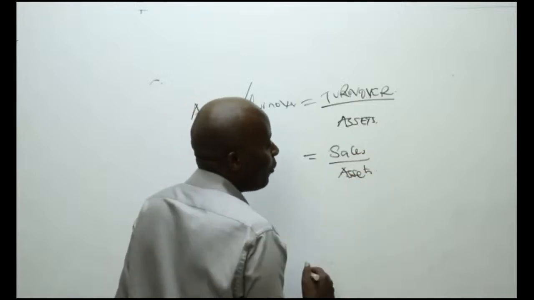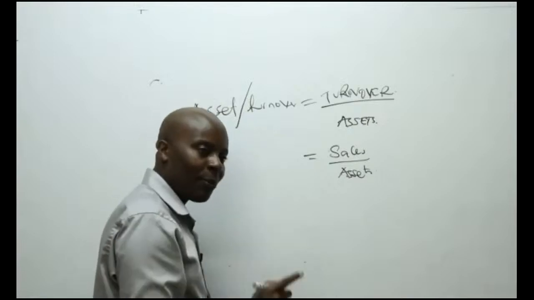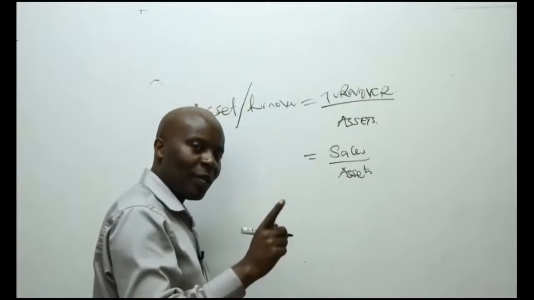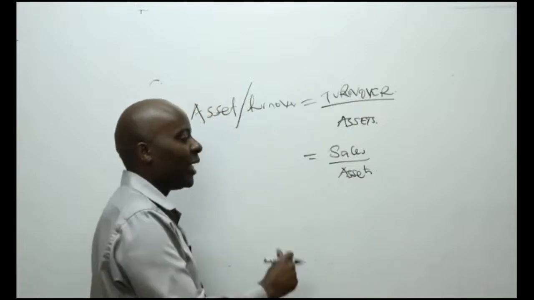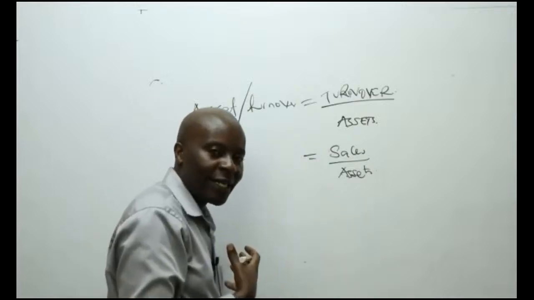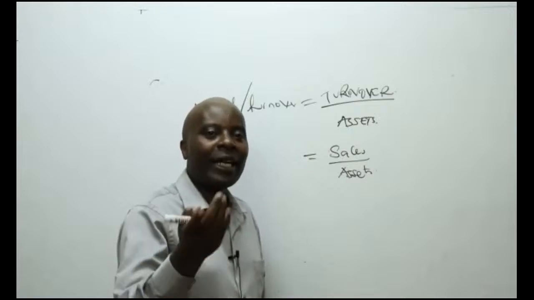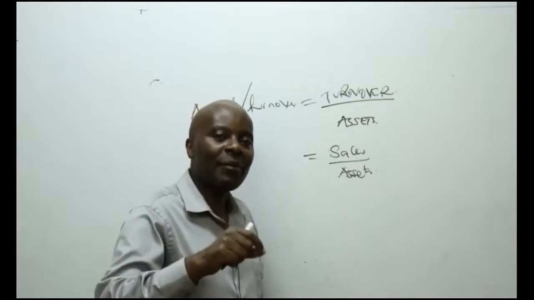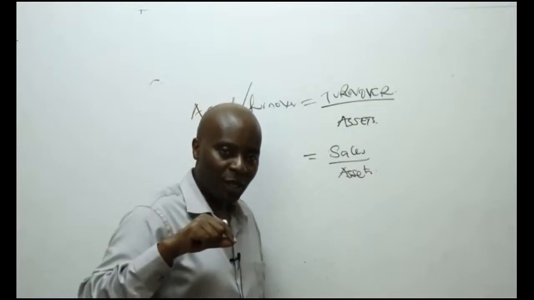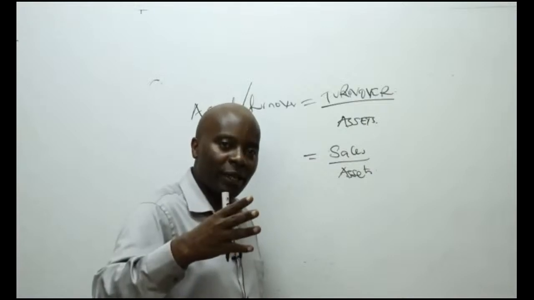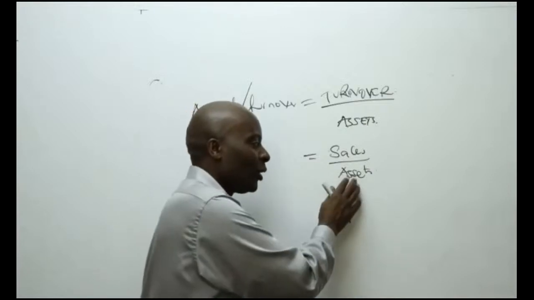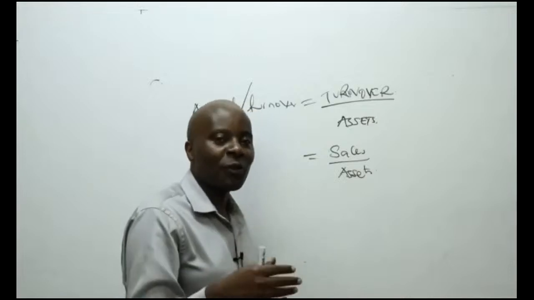And remember, for purposes of performance measurement, the assets that make sense to us are those assets which will be with us in the long term. If there are assets that have been financed by short-term liabilities, you need to subtract those from your total assets because you know the owners will be paid in the short term.